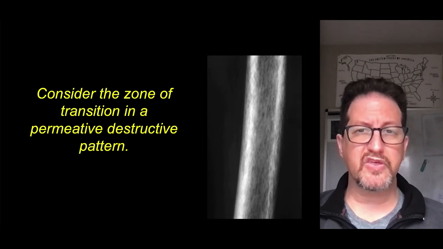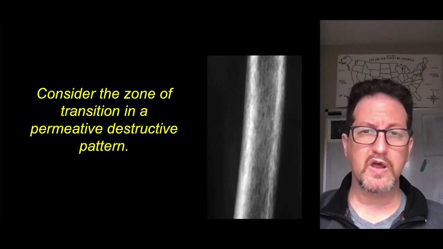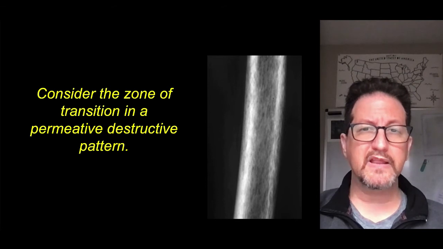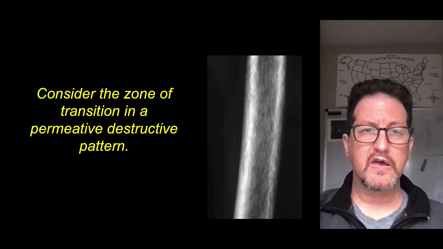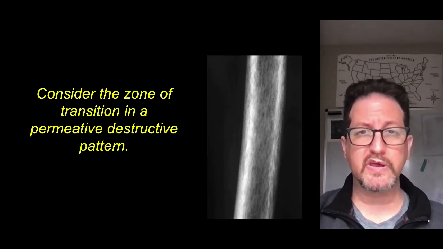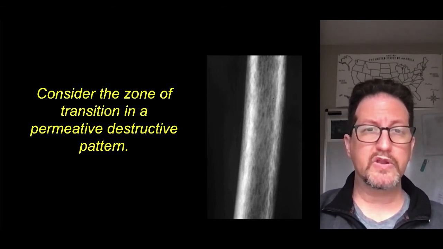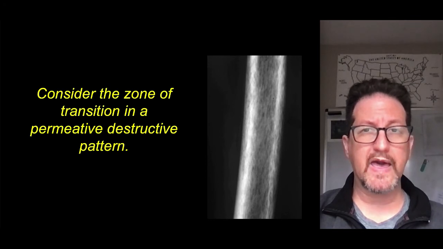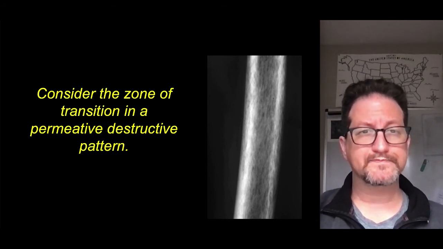The thing is invading that entire bone, and that complete lack of zone of transition is just another sign that this is a faster growing lesion. And because this has a permeative pattern without a zone of transition that we can really appreciate, then we know that this is rapidly growing and probably malignant.